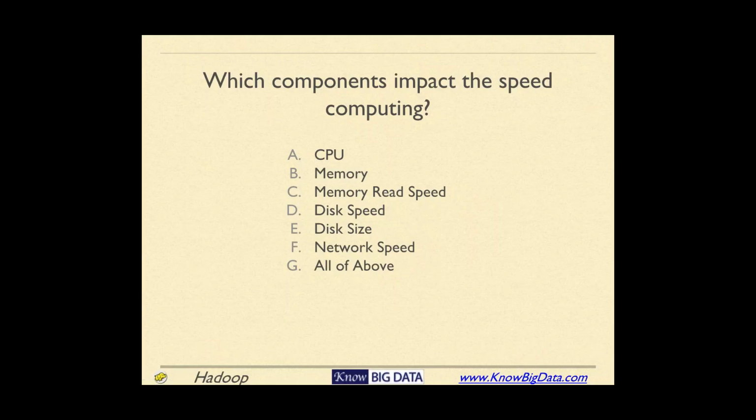Now, which component do you think impacts the speed out of A, B, C, D, E, F, G? Which components impact speed of computing? Think about what any computing does and think about these parameters.